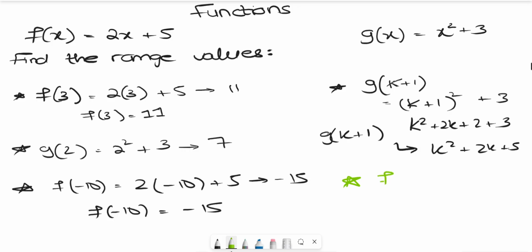Let's say we had f of t minus 3. Find me the range when t minus 3 is the domain. What is it? 2 into t minus 3 plus 5, that's 2t minus 6 plus 5, which gives us 2t minus 1.